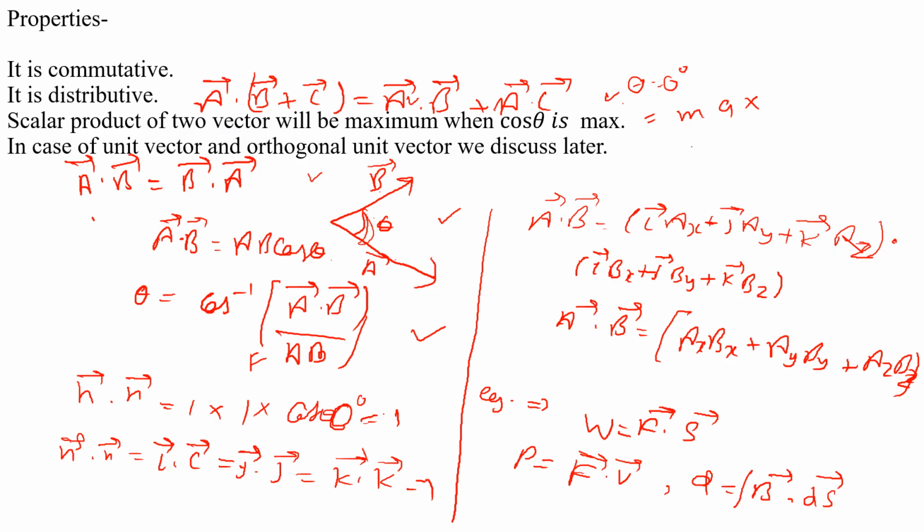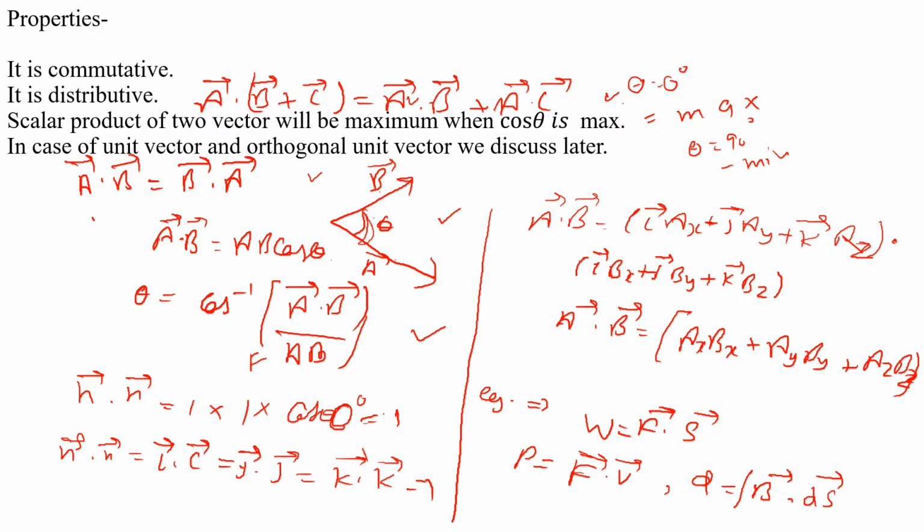When theta is equal to 90 degree, then it is minimum, meaning a vector dot b vector is equal to 0. If the scalar product of two non-zero vectors vanishes, the vectors are orthogonal.